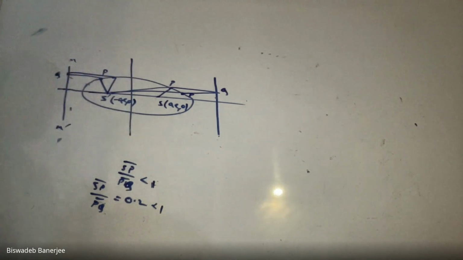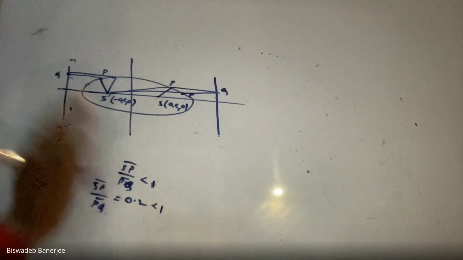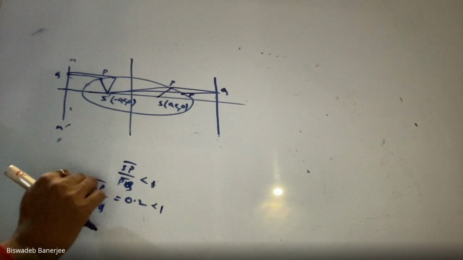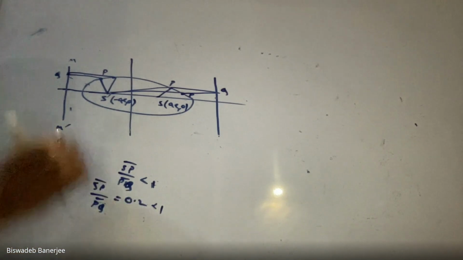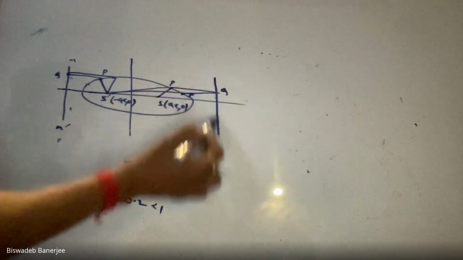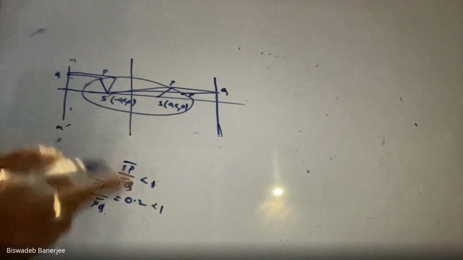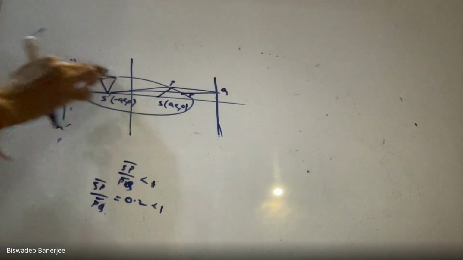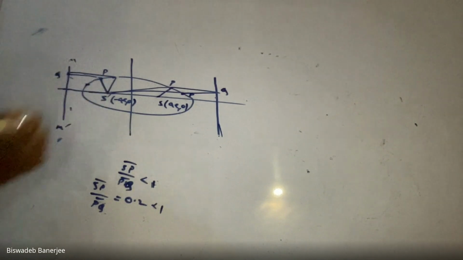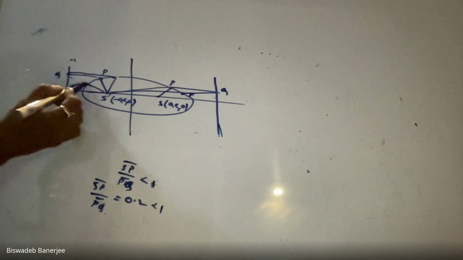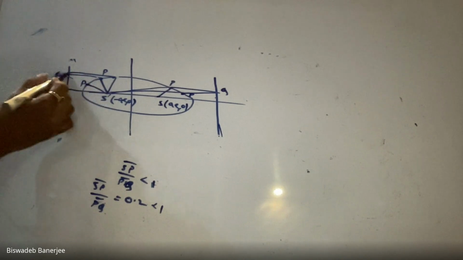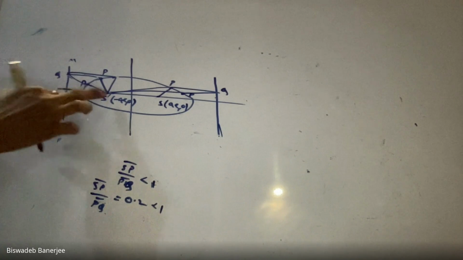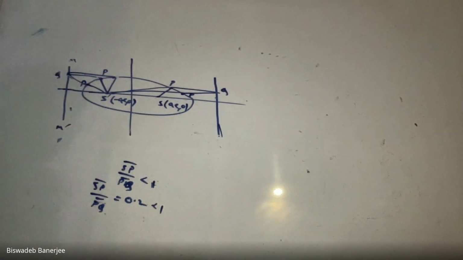So this ratio is always the same, say 0.2, because it is less than 1. So it doesn't matter whether we are taking the directrix here or here. You will always get the same answer. Whatever the position of P, this ratio will always be the same. So there is the concept of ellipse.